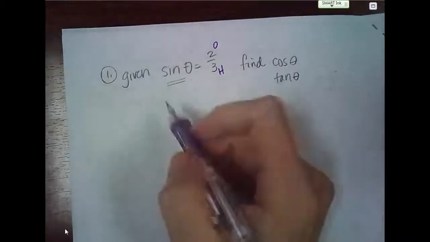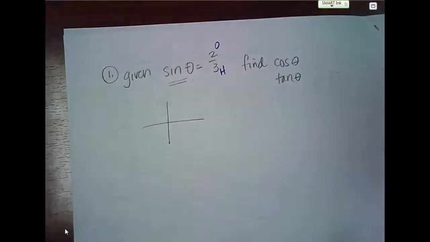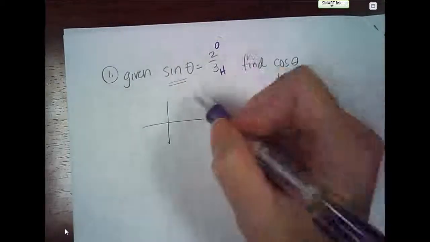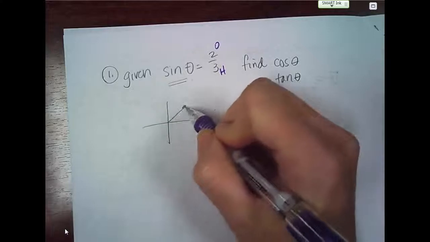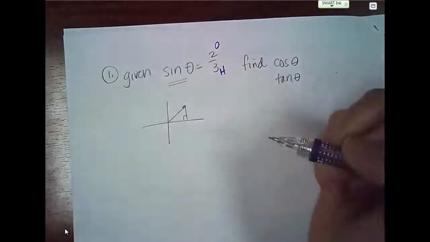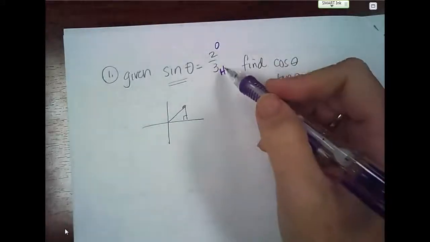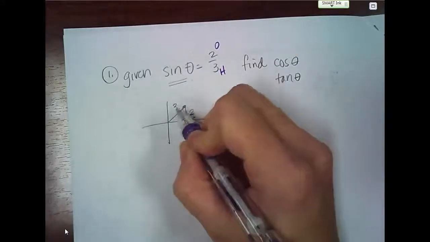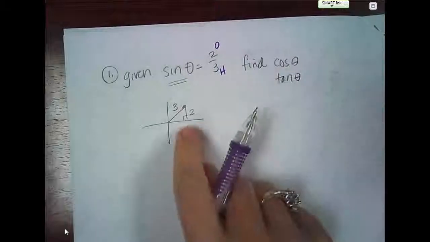In other words, if you're going to draw a picture, everything's positive. So 2 and 3 are positive, so you know you're here. Out, down, and over. Opposite is 2. Hypotenuse is 3.